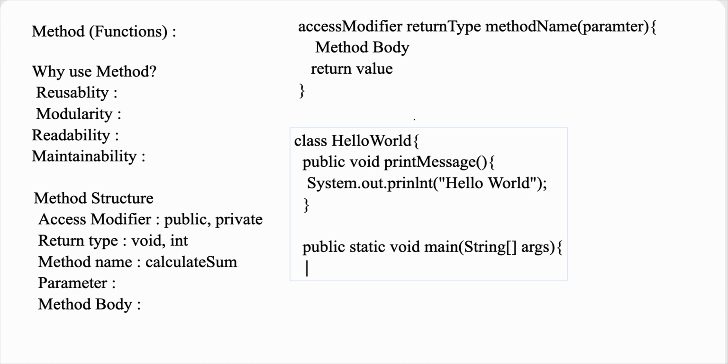Here we can create that object. First of all we give the class name Hello World, then we can give the variable name. I can give hw, and for creating the object, we have to give the new keyword, along with the class name.